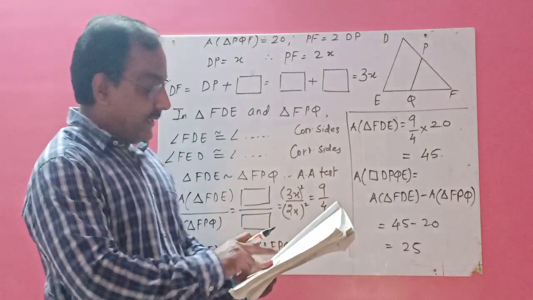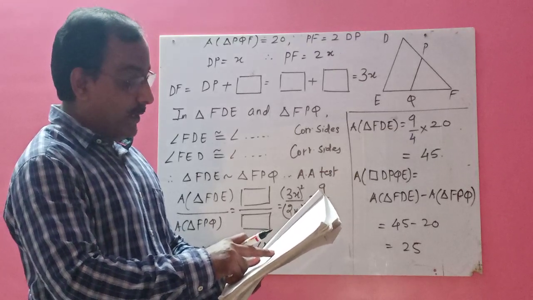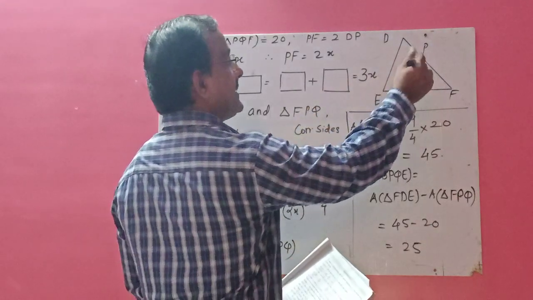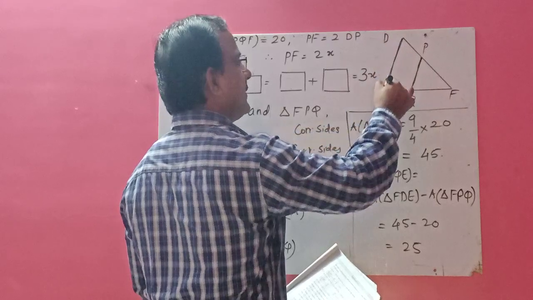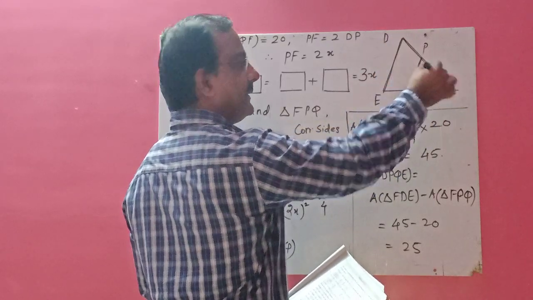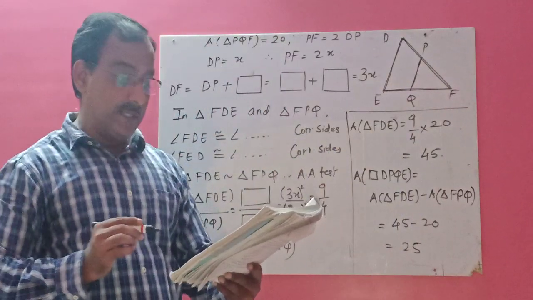What is given? See that in figure 1.66, segment PQ is parallel to DE. Here I have drawn the figure. Segment PQ, this segment is parallel to this. So what can you say about this line? It will be the transversal. Similarly, this line will be the transversal.